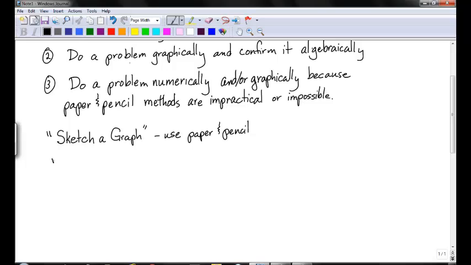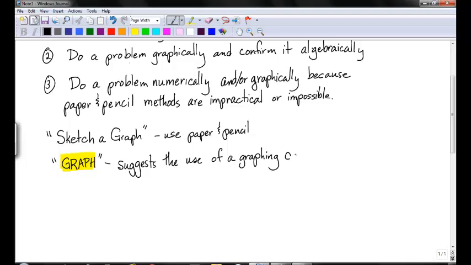Okay? If you see the phrase GRAPH, now look at this, it's in all caps, that suggests the use of a graphing calculator. Okay? All caps.